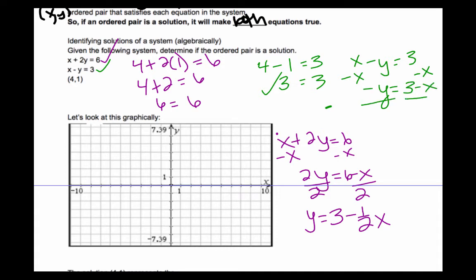What am I dividing by? Not y, I'm not dividing by y. Dividing by a negative 1. So y equals negative 3, because 3 divided by negative 1 is negative 3, plus x, because that's a 1 in front of the x, divided by negative 1 is a positive x. So those are my two equations that I'm graphing.